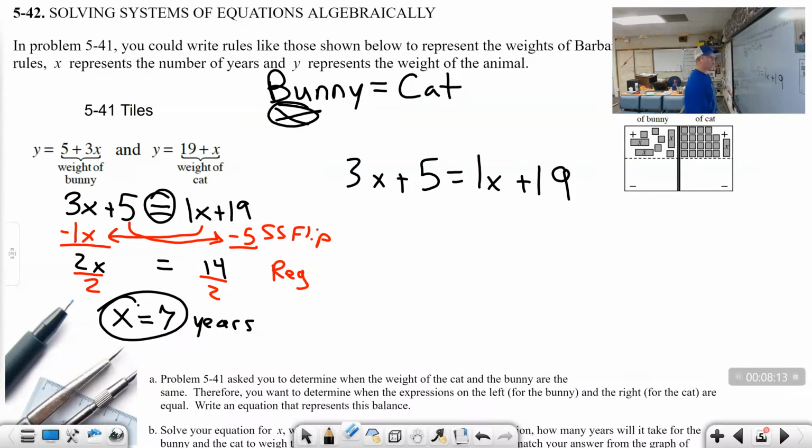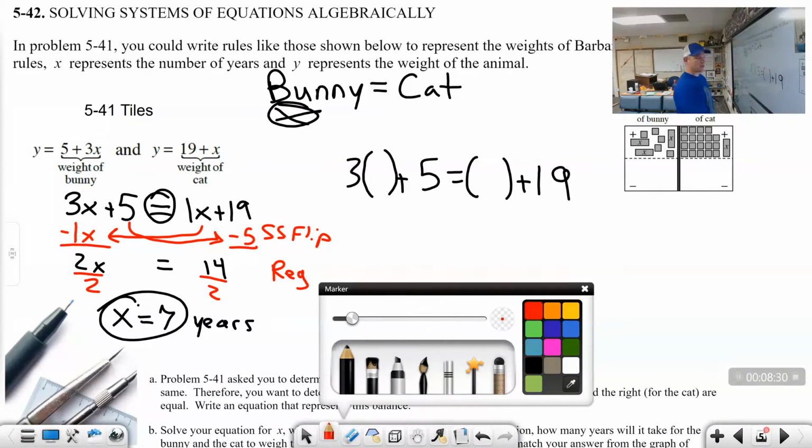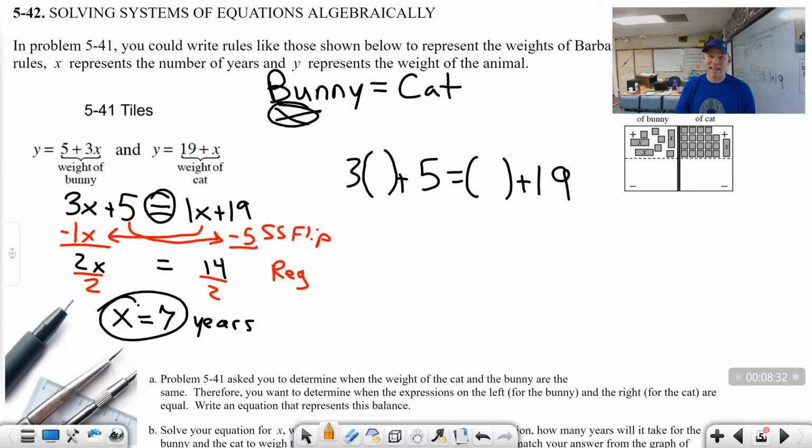And when we are checking our work, we don't want this x. Instead of x, I want a parentheses. Now, I don't really like this 1 times parentheses, so I'm just going to put a parentheses in here. Now, I need to take my answer, x equals 7, and I'm going to put the number 7 inside that parentheses. This is how we learned how to check our work a couple chapters ago.